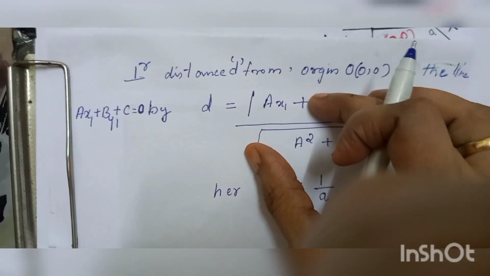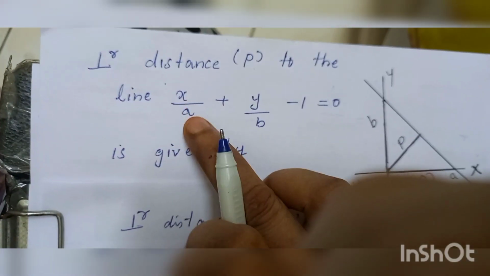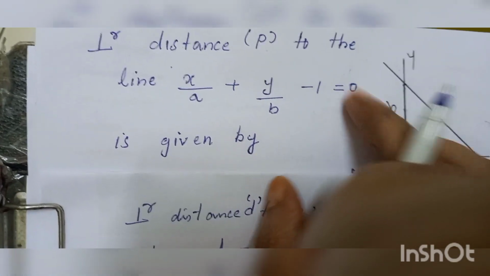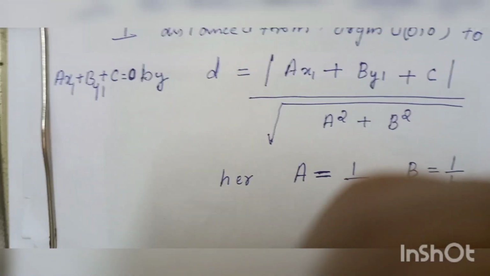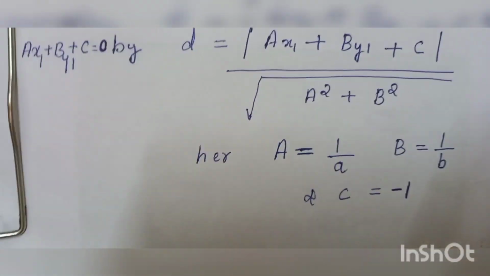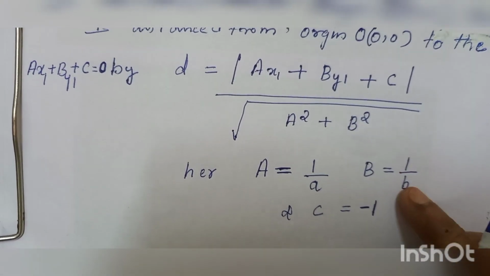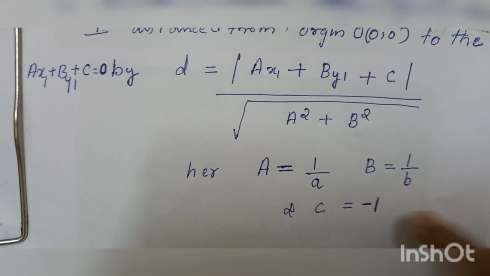So we have to compare this general equation to this equation x by a plus y by b minus 1 is equal to 0. After comparing we get A is equal to 1 by a and B is equal to 1 by b and C is equal to minus 1. Is it clear for you?